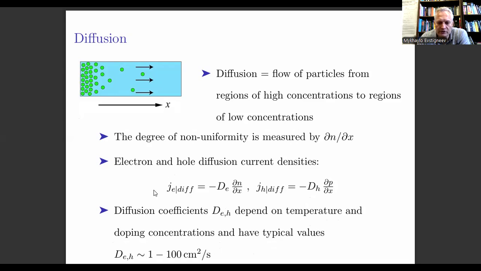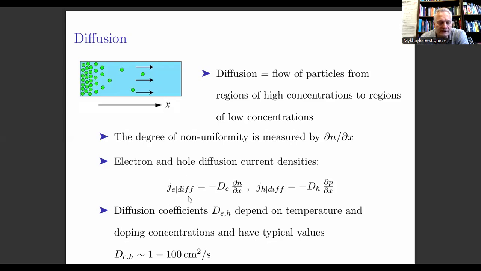Let's look at this expression for the diffusive flux density. Again, let me remind you, flux density is the average number of particles that goes per unit time through a unit surface area. And that surface area must be oriented perpendicular to the direction of the average particle transfer. So per unit time means that the flux density has inverse seconds in its units. Per unit surface area means that it has inverse square centimeters in its units.